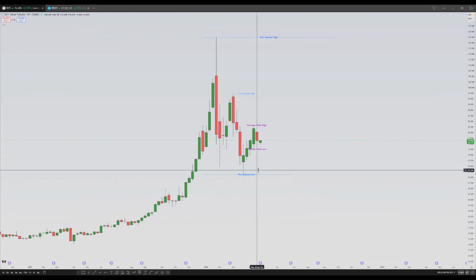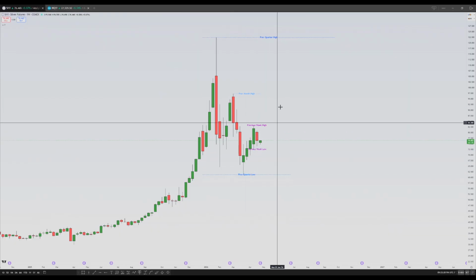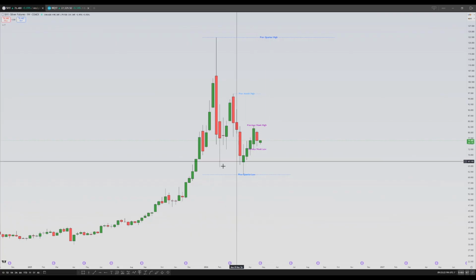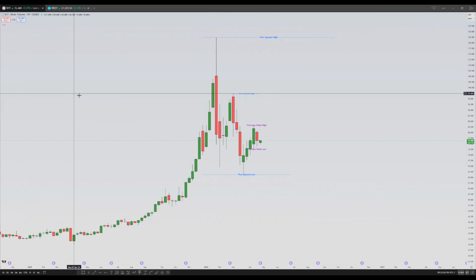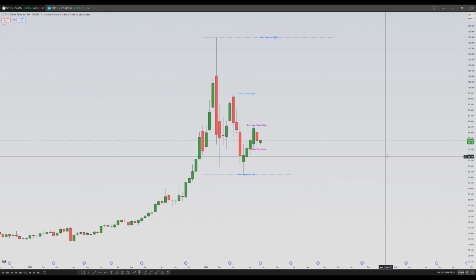We do have this low that has been taken. Price has not distributed above to offset these lows with some buy side liquidity, some buy side area. Just gotta wait until price gives more indication about what it wants to do.